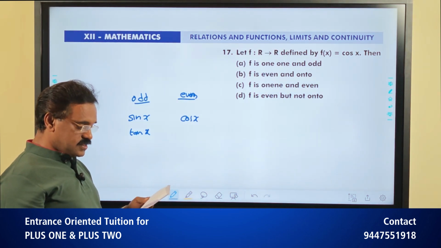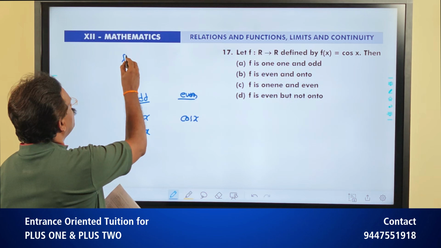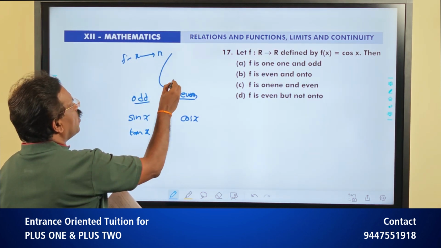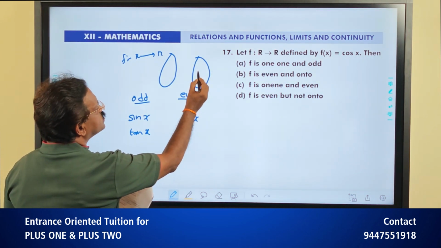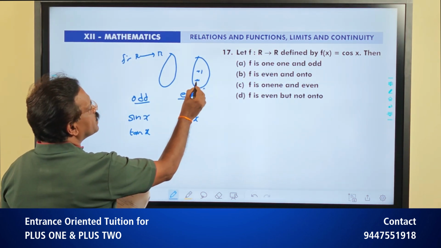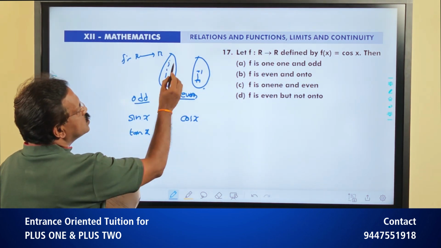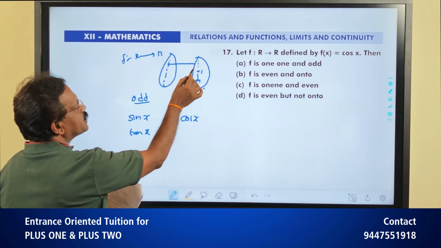What about whether it is into or onto? Now listen to the question. It is given as f from R to capital R. When I draw a diagram from R to capital R, we know that cos x takes all values between -1 and +1. Understood? But it can take all the values in the domain. So the values outside here and here don't have a pre-image.